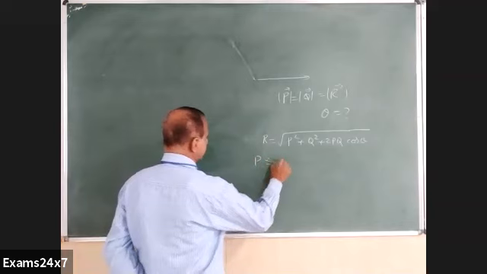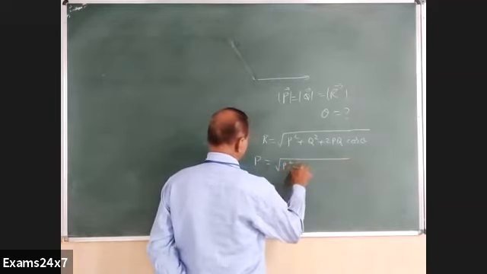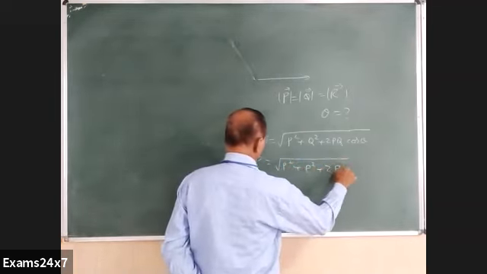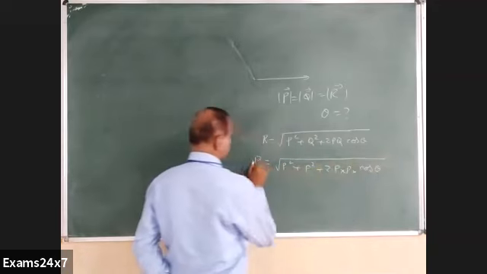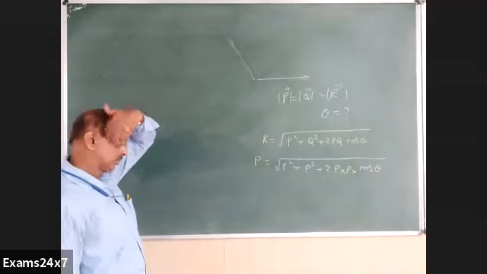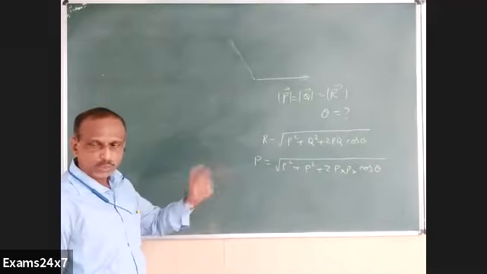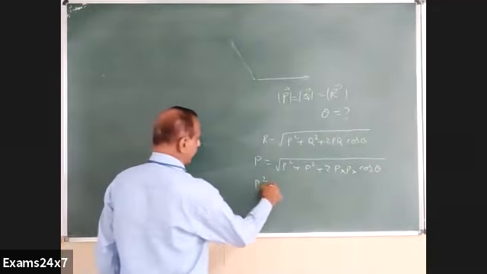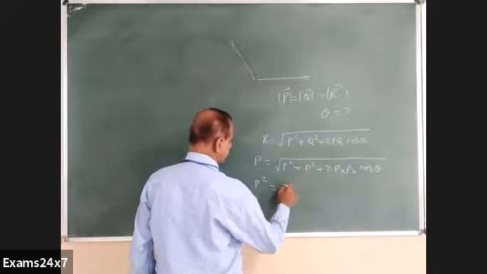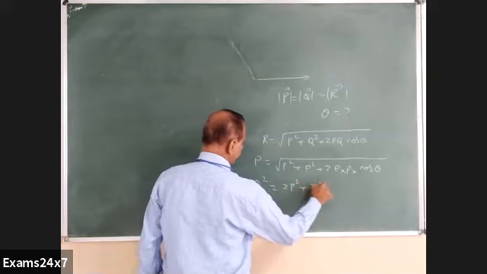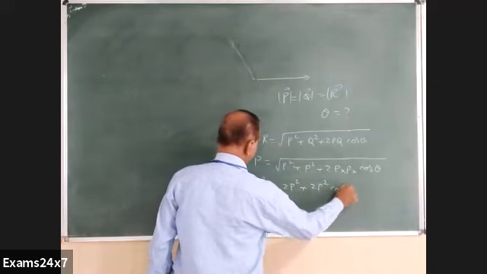Everywhere you can put P itself. P square plus P square, 2 into P into cos theta. Theta is unknown. What next? You can square both the sides to make it P square equal to, here root is gone now. P square plus P square becomes 2P square, 2P square cos theta.